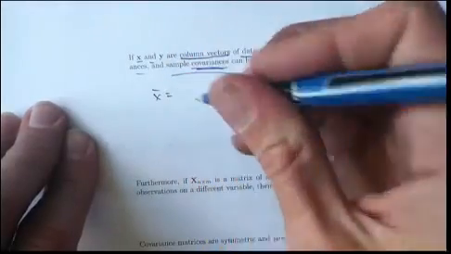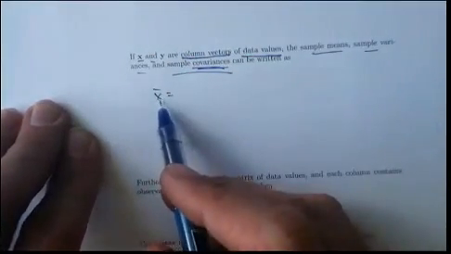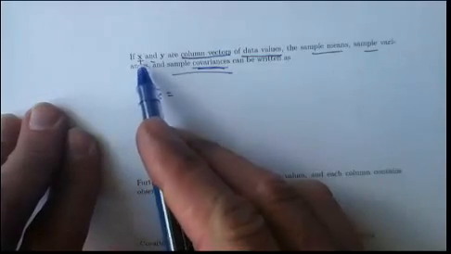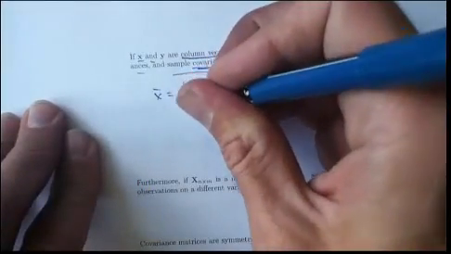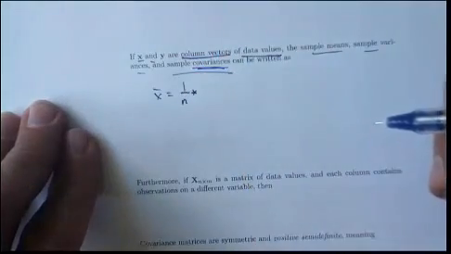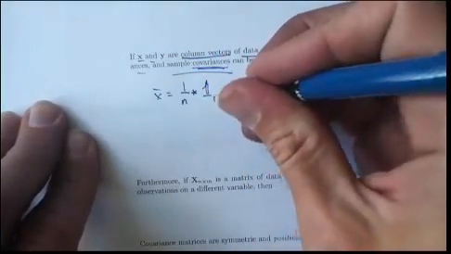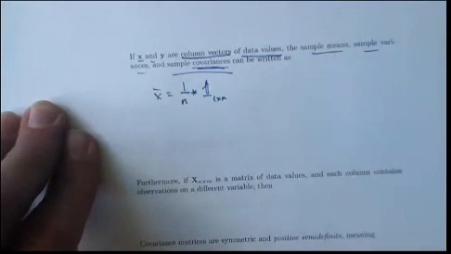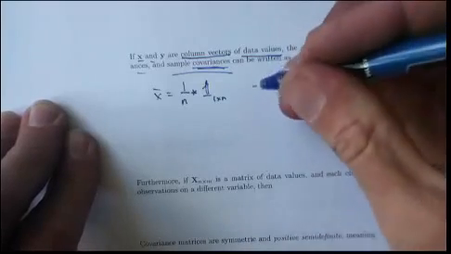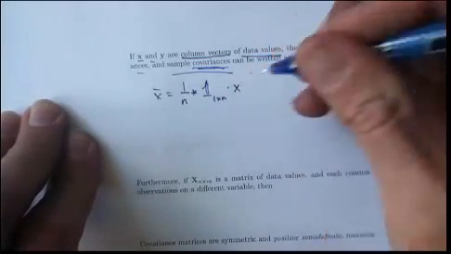I can express the sample mean in terms of vectors. I know exactly what that is: you add up the numbers in this vector and divide by the length of the vector. So maybe I could say it's 1 over n times a 1 by n vector of 1s, that's 1 row with n columns, dotted with the vector x.